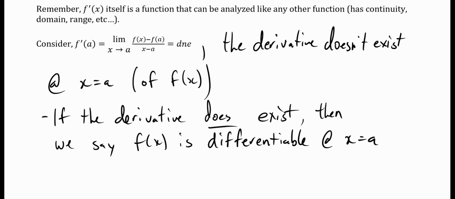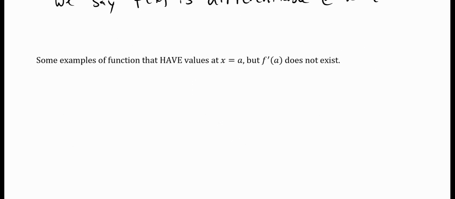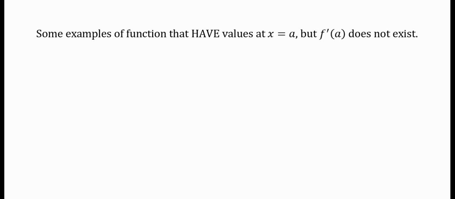Okay, so if the derivative does exist, it's differentiable. If it doesn't exist, this tells us something, and there's a relationship between a function and its derivative, absolutely. Here are some examples. Some of these are things that we've seen, and some of these are going to be kind of new. Some examples of functions that have a value at x equals a, but the derivative doesn't exist.